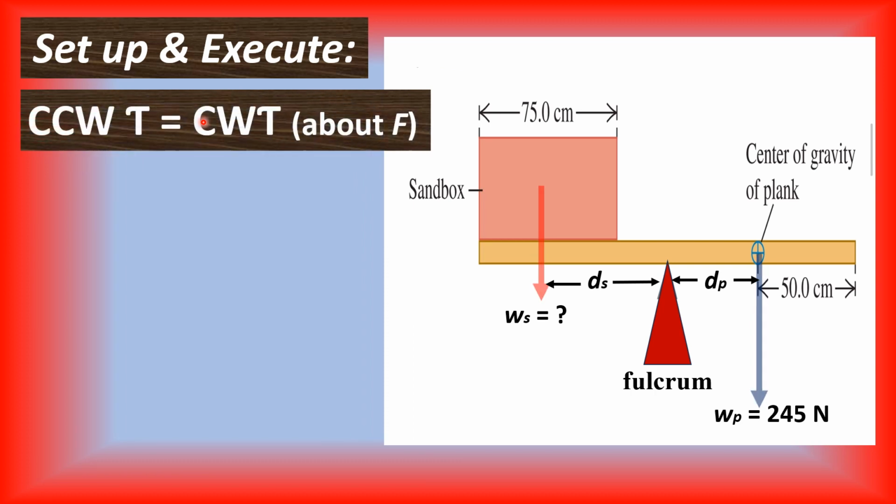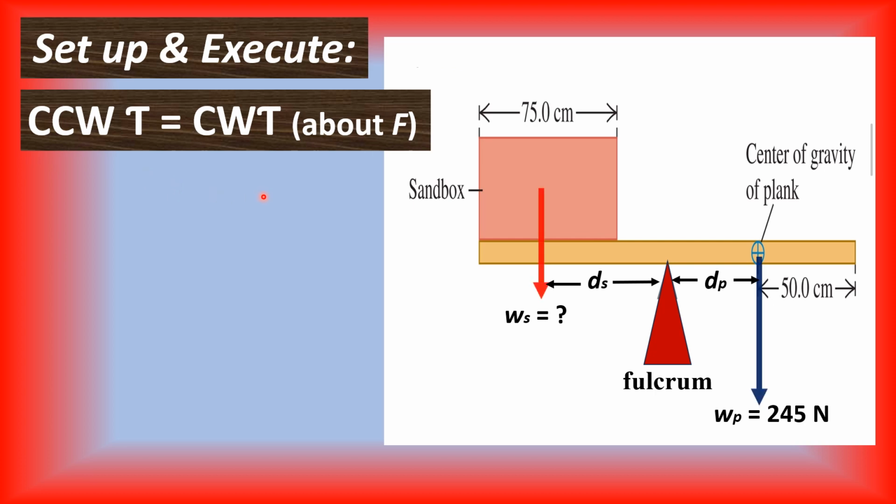Since we assume that the plank is to be in complete static equilibrium, which means it must have no translational or rotational motion, we say that the torque principle and the fact that F net must be equal to 0, all right?